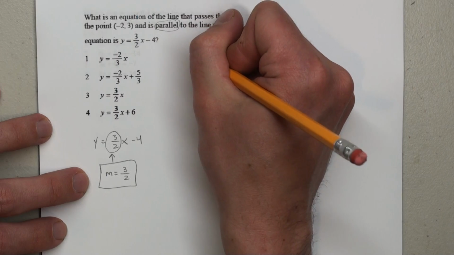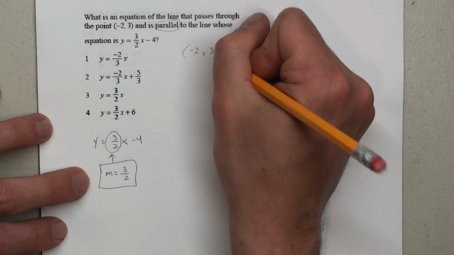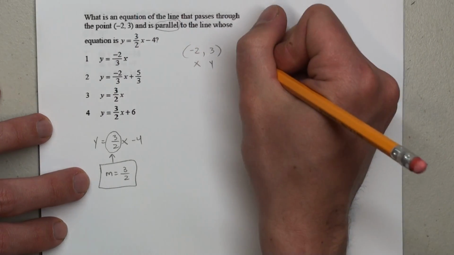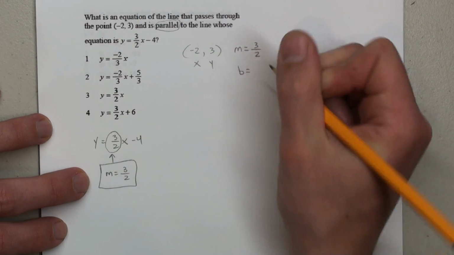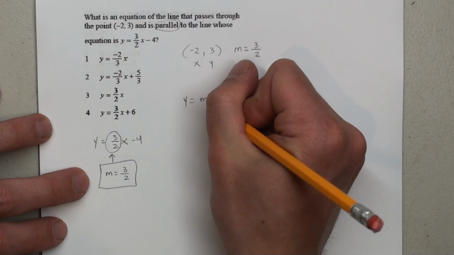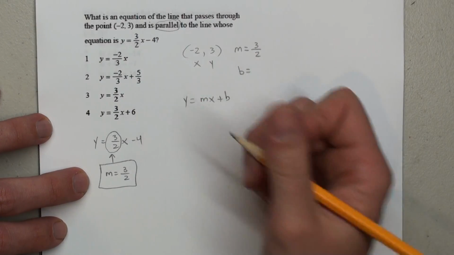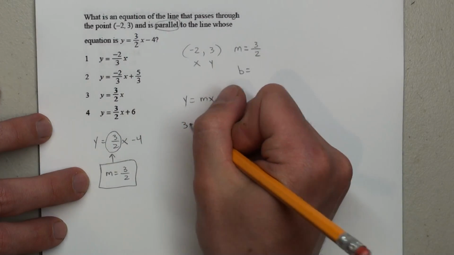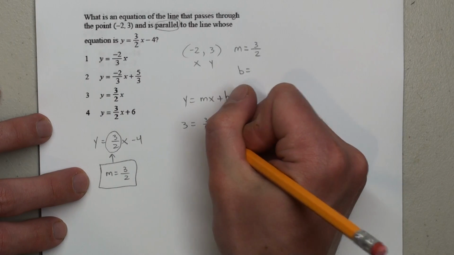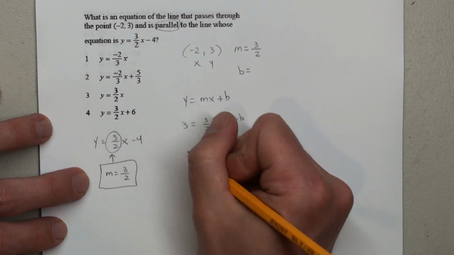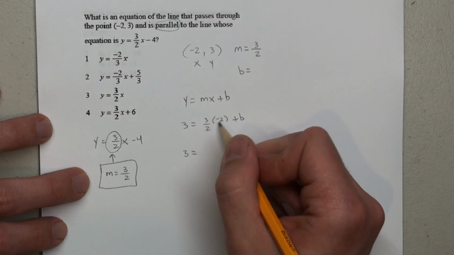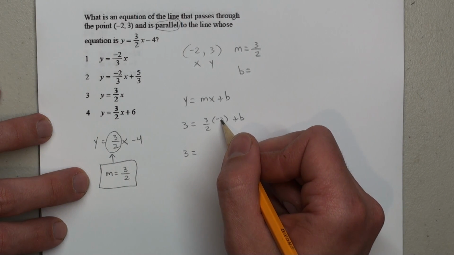So what I have is my point, which is nice. It gives me my x and my y. I have my slope. I just need my b. And I can use this formula for the equation of a line to find my b. 3 equals, m is 3 halves, times x is negative 2 plus b. 3 equals, if you multiply this, 3 times negative 2 is negative 6.